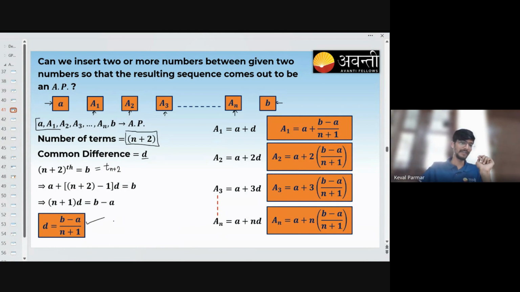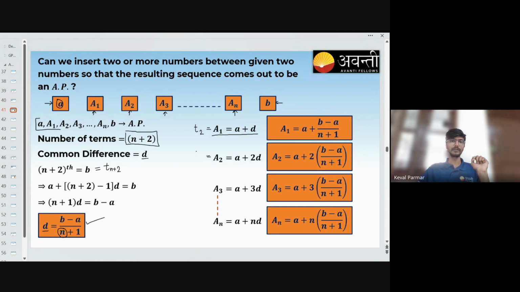Depending on the value of n, the value of D will change. Then it is pretty simple to find all the arithmetic means. How? A1 will be A plus D. Please remember, A1 is the second term because the first term is A.